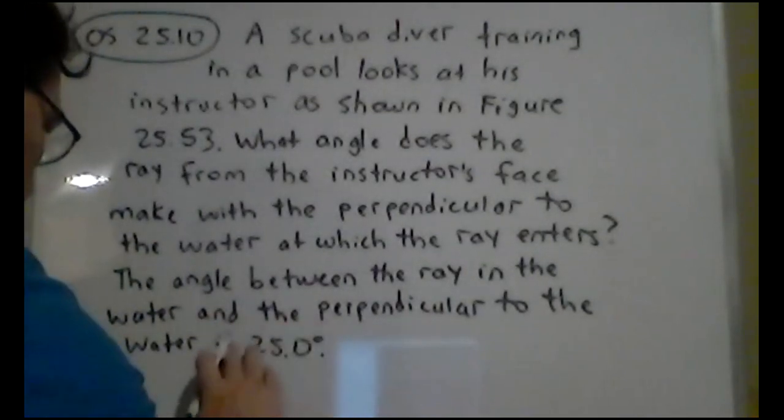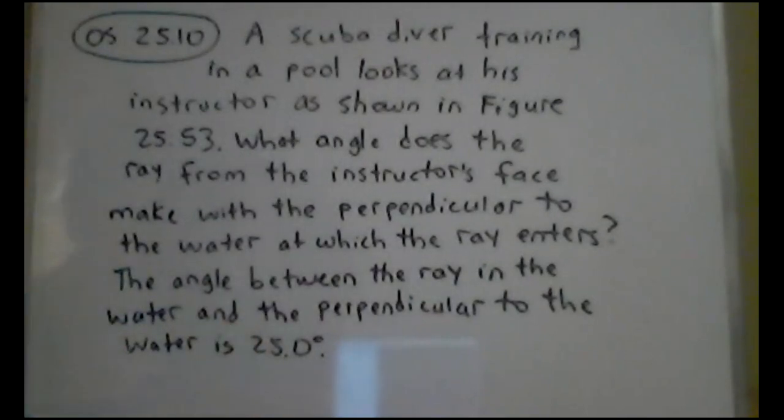All right, so again, we'll draw a little picture to make this more descriptive. A scuba diver training in a pool looks at his instructor, as shown in figure 25.53. Again, I'll draw that figure. What angle does the ray from the instructor's face make with the perpendicular to the water at which the ray enters? The angle between the ray in the water and the perpendicular to the water is 25.0 degrees.